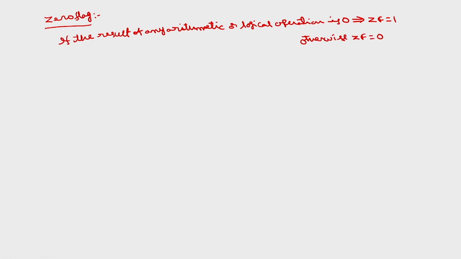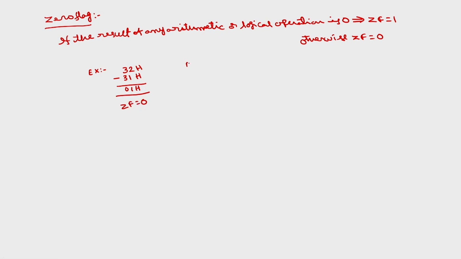If I take the example, say 32H minus 31H, the result is 01H, so the zero flag will be reset.